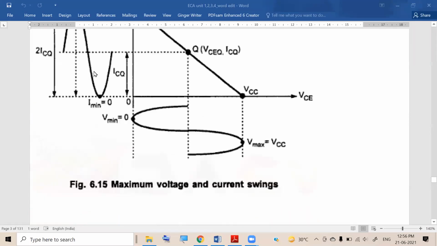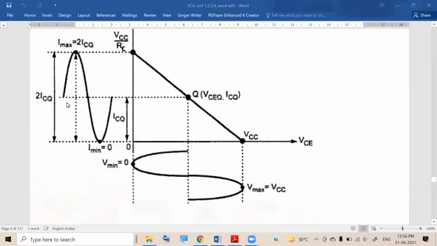So what I am trying to say is from here to here, we call it amplitude, simply represented by Im, and its value is I max minus I min by 2.